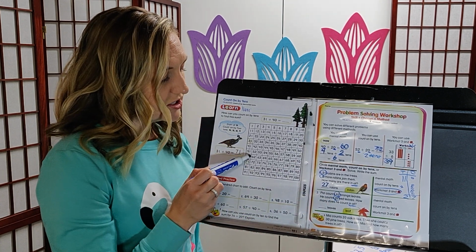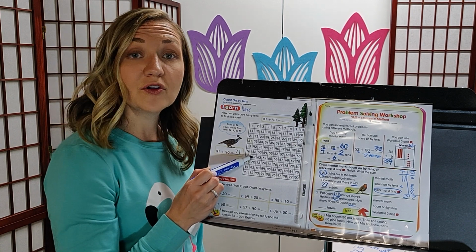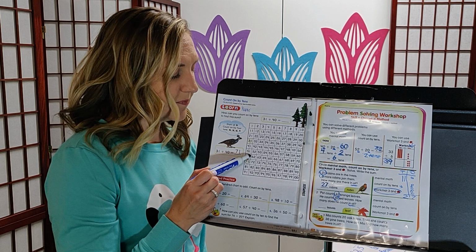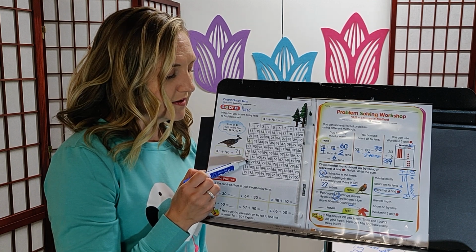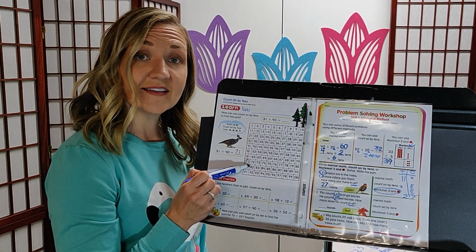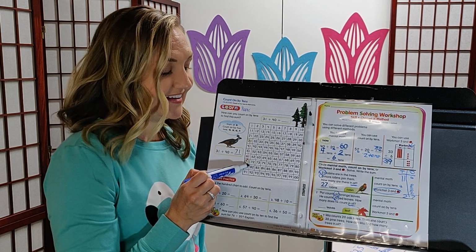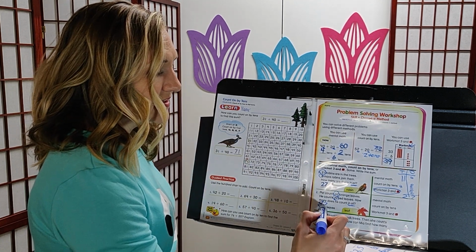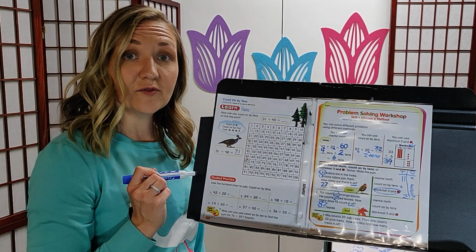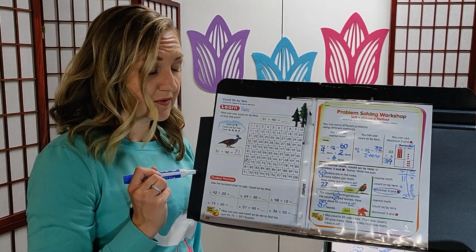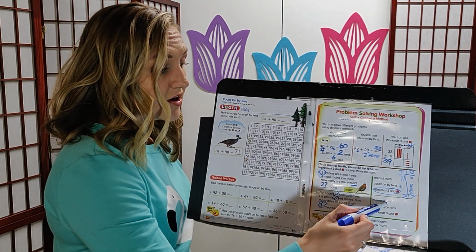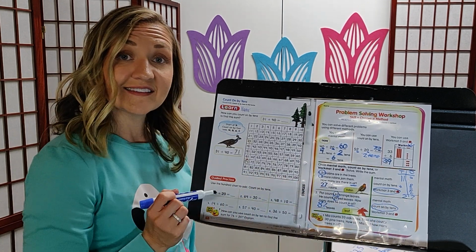So I start at 62 and I jump down 2 times because that is 2 groups of tens. So here we go. 1, 2. Where do we land? On 82. That means altogether 62 plus 20 is equal to 82. And the strategy that we used was count on by tens.